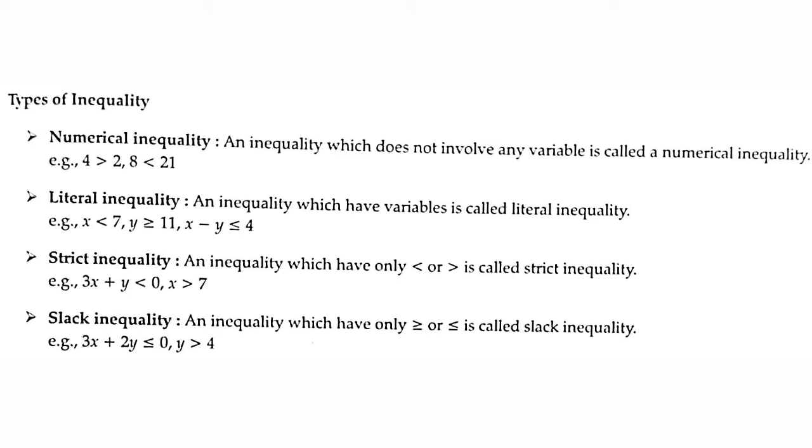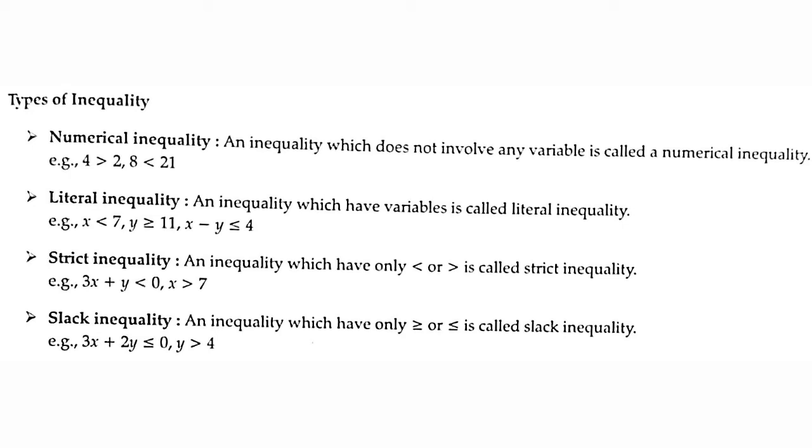Numerical inequality. An inequality which does not involve any variable is called a numerical inequality. For example, 4 is greater than 2, 8 is less than 21. Then literal inequality. An inequality which has a variable is called a literal inequality.